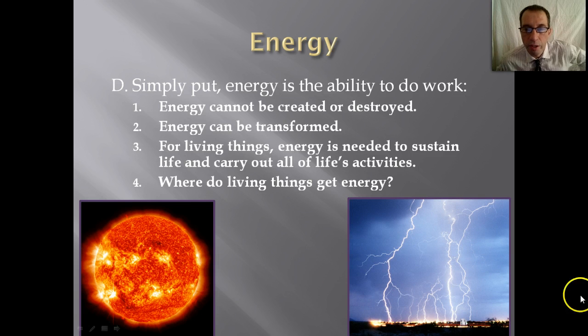Lightning is a form of energy that's very interesting, that we're all familiar with. And I put that on here in part because it is hypothesized that life itself began in part because of lightning as a form of energy that promoted chemical activity in the early oceans on Earth. That's just one of the hypotheses about how life started on Earth.